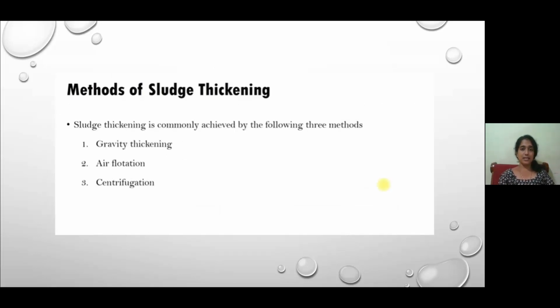Then there are three types of sludge thickening methods, that is gravity thickening, air flotation and centrifugation.